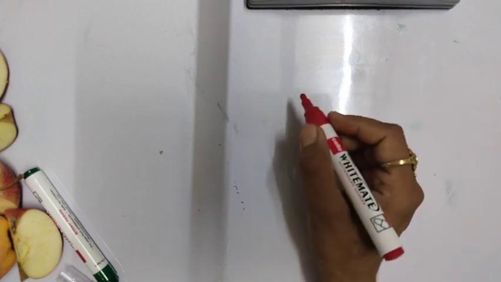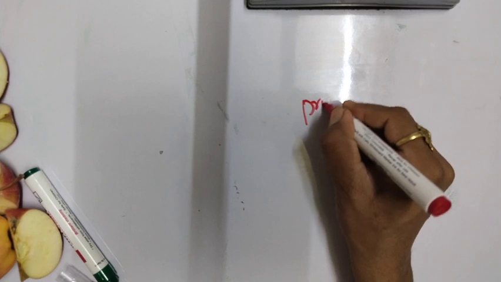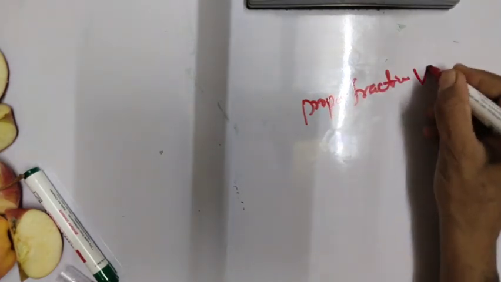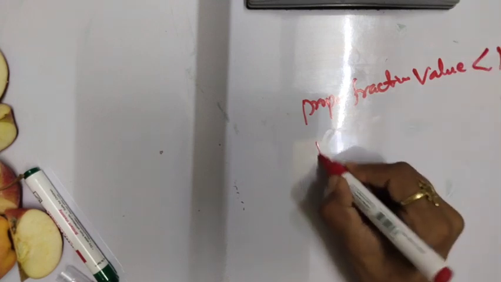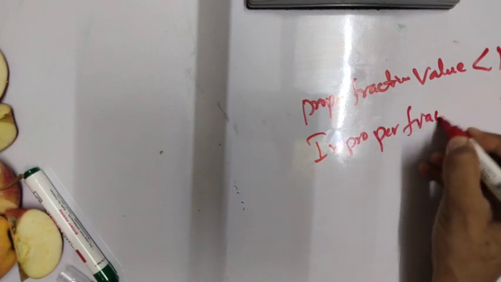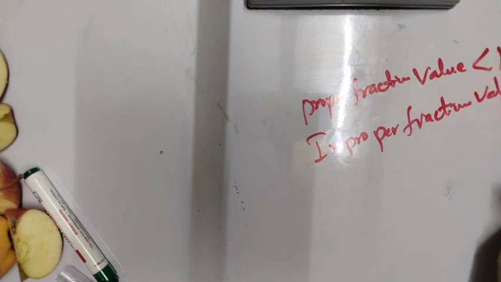So by this we learn that a proper fraction's value is less than 1, and an improper fraction's value is greater than 1.